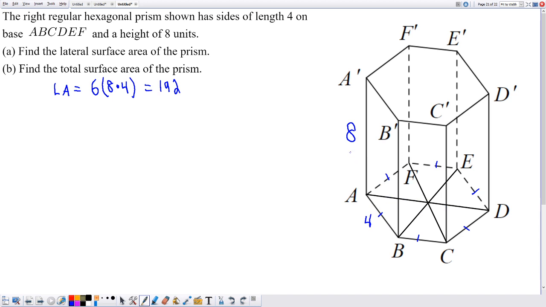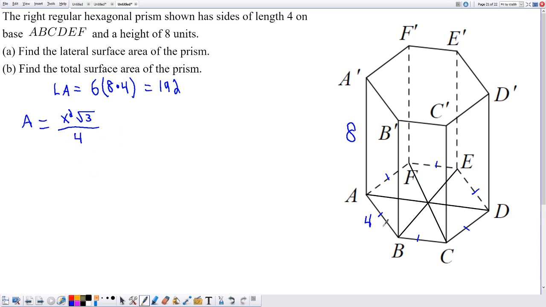Now, we had learned about a formula for the area of an equilateral triangle. That area of an equilateral triangle is the length of the side, x squared, times the square root of 3 over 4.